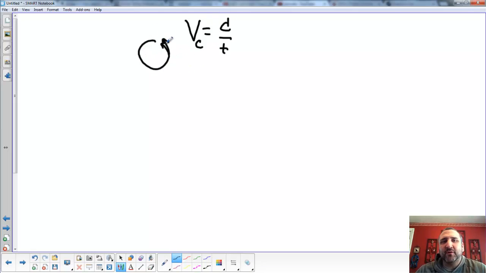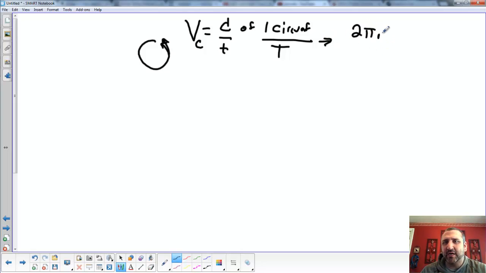So you're really talking about the distance of one loop, one circumference, over the time it takes to go around that circle once, which is capital T, the period. The circumference is 2 pi r, so the velocity is 2 pi r over capital T.